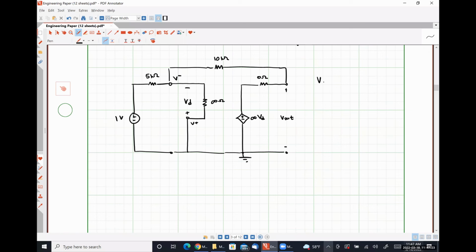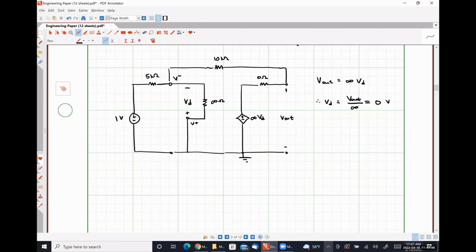So if V out is infinity times VD, then that means that VD is V out over infinity, or 0 volts.